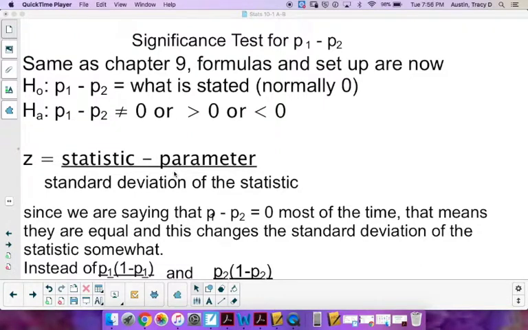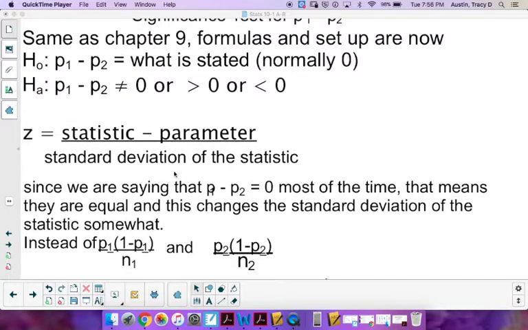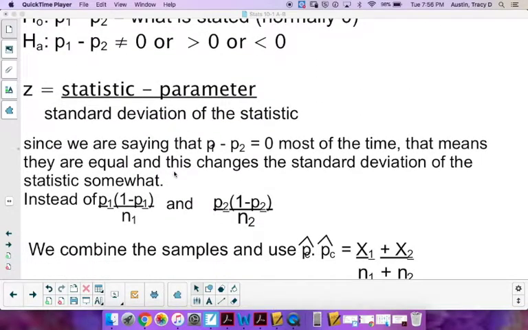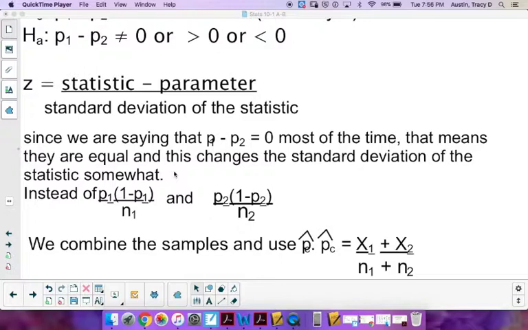Okay, so for an inference test. Okay, normally, and when I say normally, I'm like 99 times out of 100, we're going to state the difference between the two proportions is assumed to be 0, right? And then we're going to try and prove with our alternative that it's either not 0 or greater than 0, less than 0, whatever it is, okay?